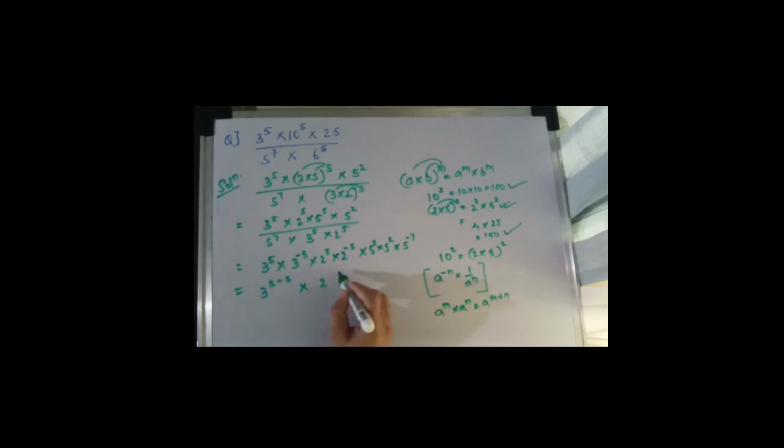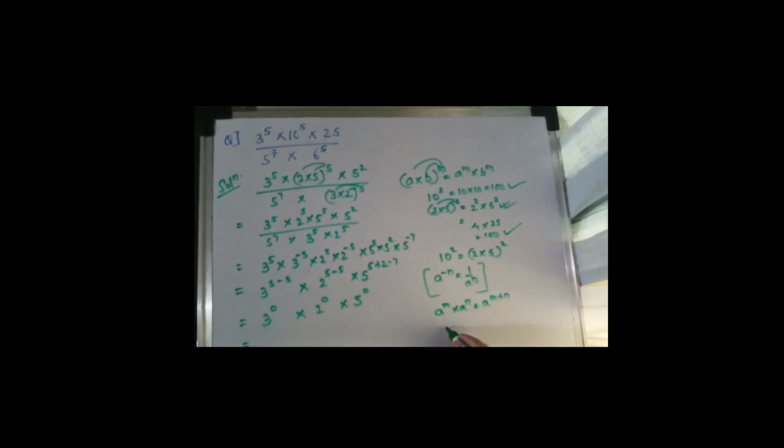Similarly, 2 raised to 5 and 2 raised to minus 5 will also get added. Again for base 5, these powers will get added. So 5 plus 2 minus 7. Now 5 minus 5 is 0, into 2 raised to 5 minus 5 is 0, multiplied by 5 raised to 5 plus 2 is 7 and 7 minus 7 is 0.